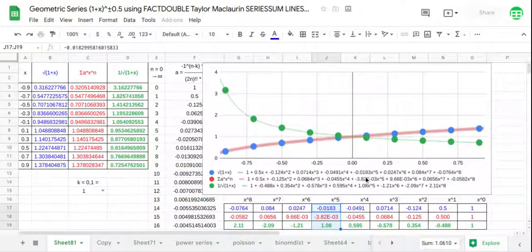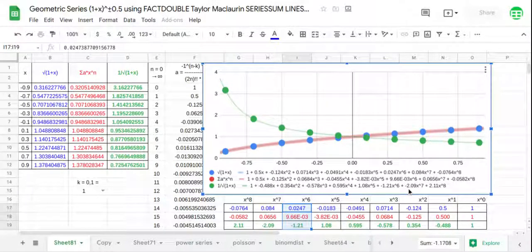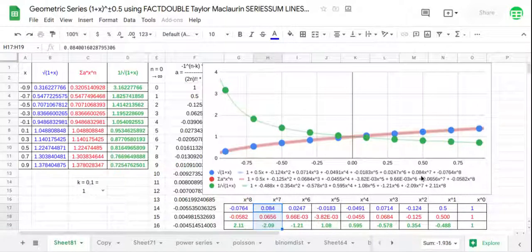Coefficient of x to the fifth, minus 0.0183, 3.82 times 10 to the minus 3, and 1.08. Coefficient of x to the 6th, 0.0247, 9.96 times 10 to the minus 3, and 1.21. And x to the 7th, 0.084, 0.0656, and negative 2.09.